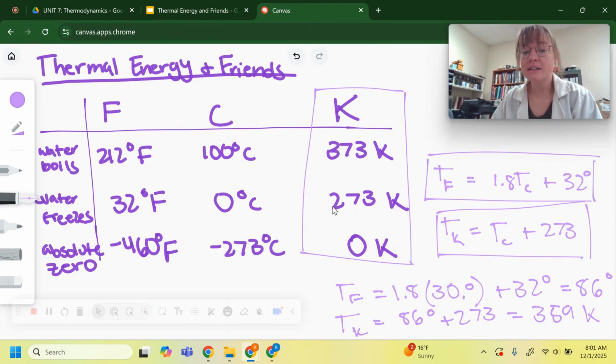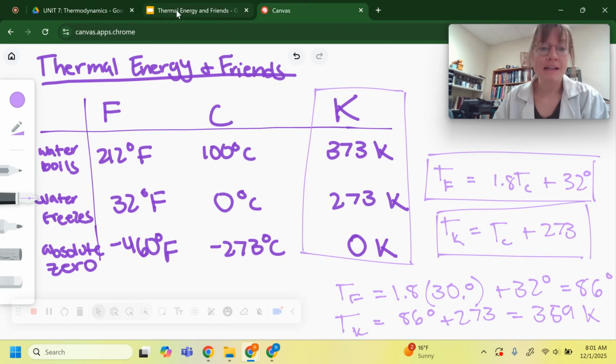If I had 293, I would not say that 293 is twice as hot as 283. That's not true. Kelvin actually tells you if something is twice as warm as something else. If your Kelvins are doubled, then it's actually twice as hot. If your Celsius is doubled, that doesn't mean it's twice as hot, because Celsius doesn't start at 0.